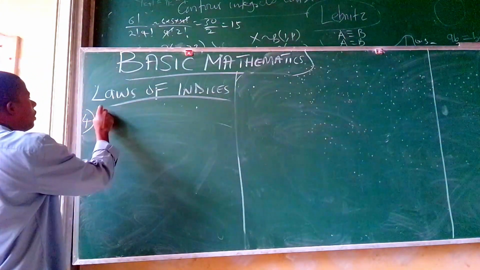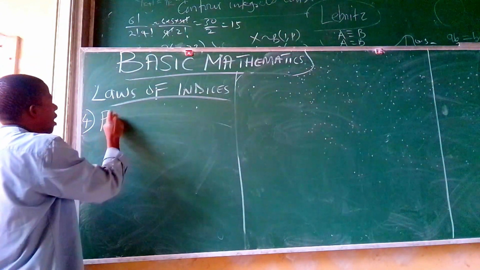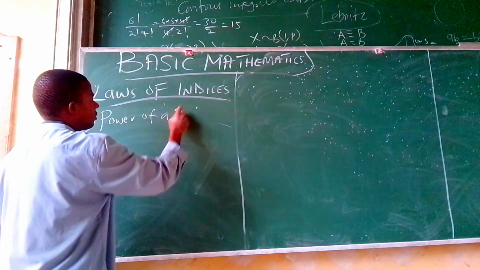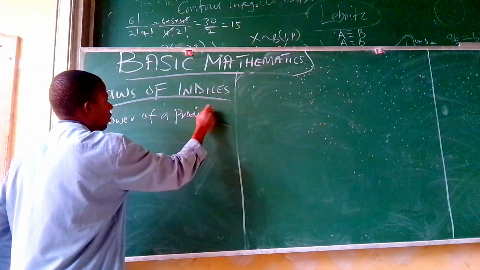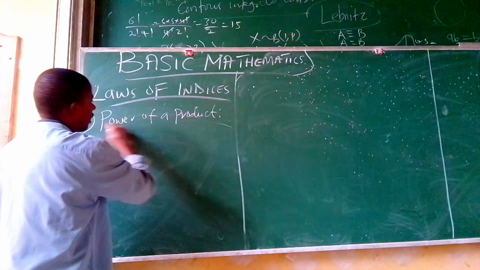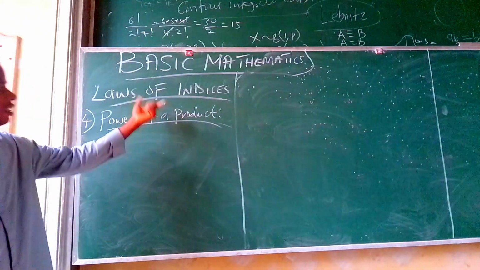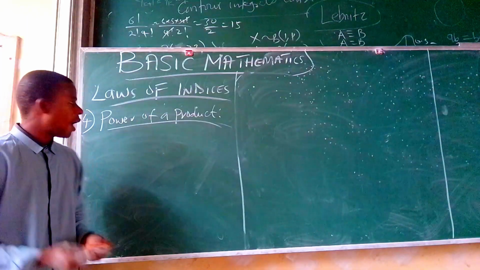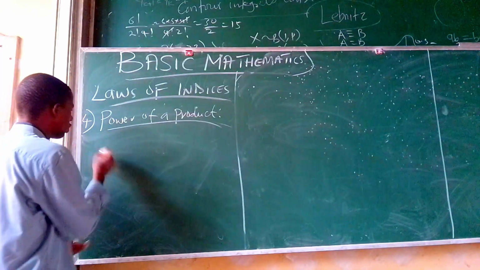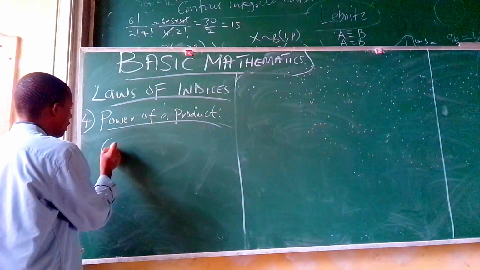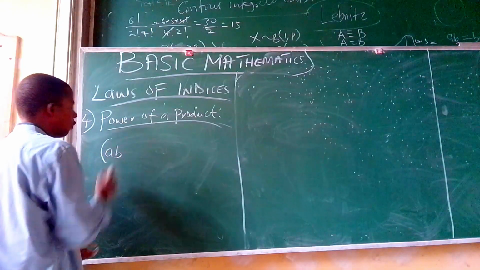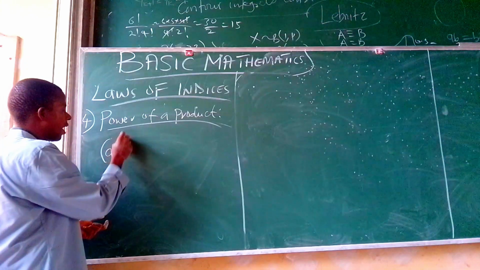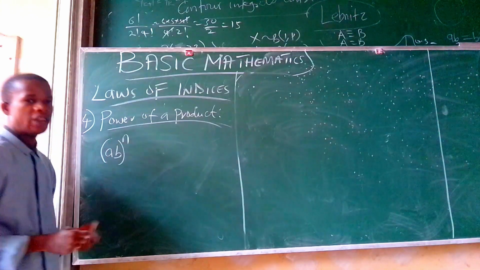Number 4, we have the power of a product. We are looking now at a law of indices which is called the power of a product. We apply the power of a product when we have an expression like this: 2 functions or 2 numbers multiplied by themselves and raised to the power n.